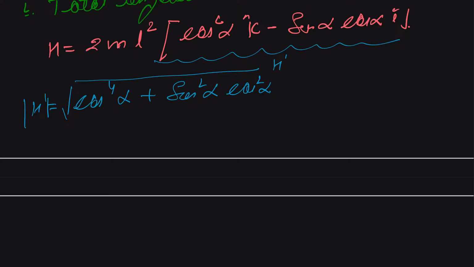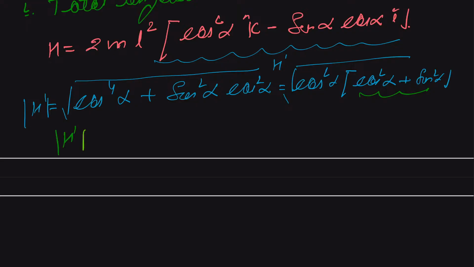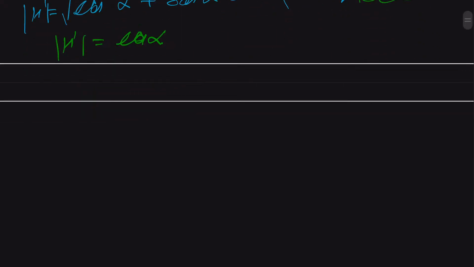In this case, we can take cos square alpha as common, so we get cos square alpha times cos square alpha plus sine square alpha under the square root. And this cos square plus sine square is 1, so we get our h prime magnitude is equal to cos of alpha.